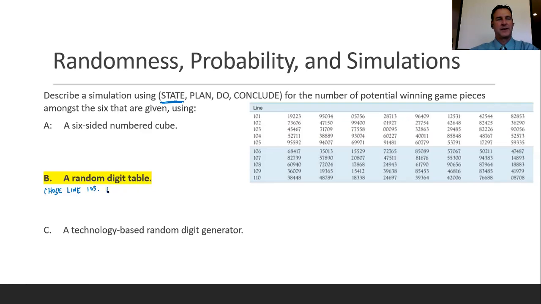We will let, still again, a 1 be a winner. And then we'll let 2, 3, 4, 5, 6 be losers.